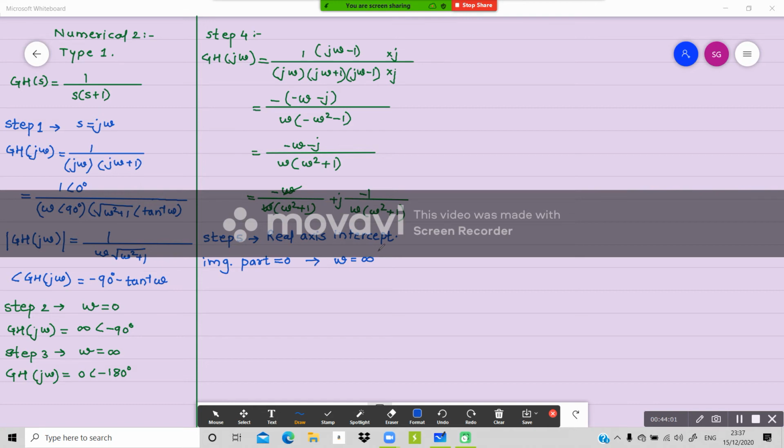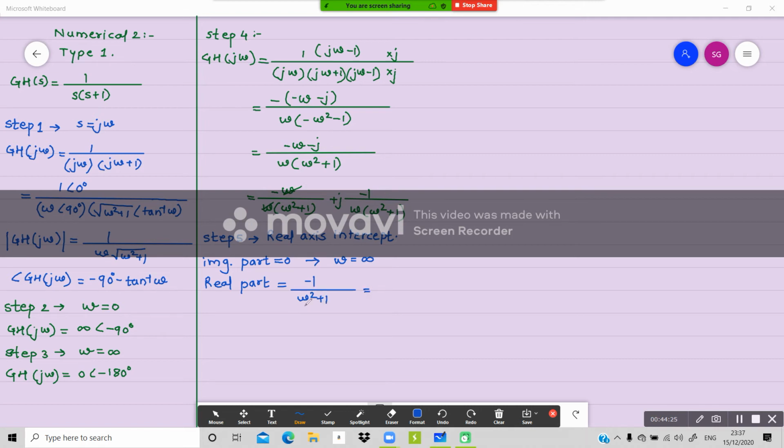Now when omega is equal to infinity and you are talking about the real part, I'll write real part is equal to minus 1 upon omega square plus 1, and your omega is infinite.